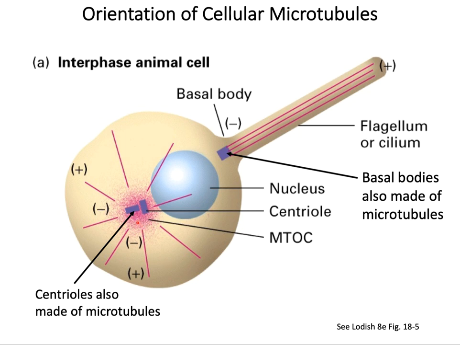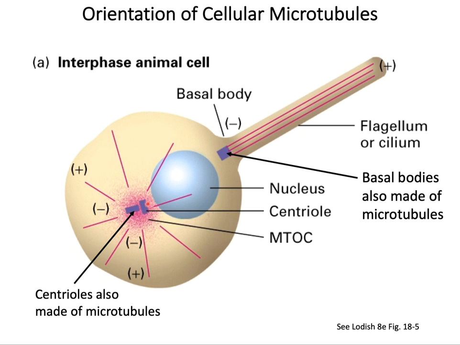This is an interphase animal cell, and this particular animal cell happens to have a flagellum or a cilium. This pink region is known as the centrosome, and inside the centrosome are short triplet microtubules known as centrioles. Together, this makes up the microtubule organizing center, and you can see these microtubules emanating from this structure.